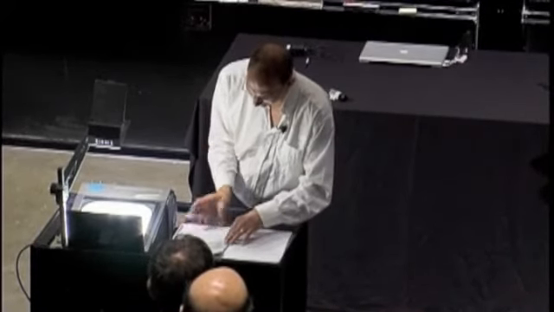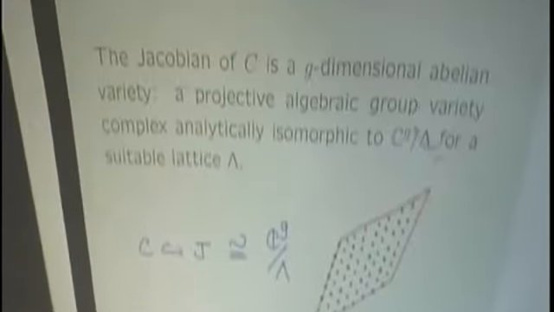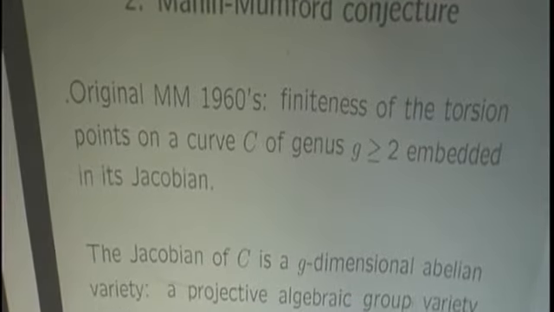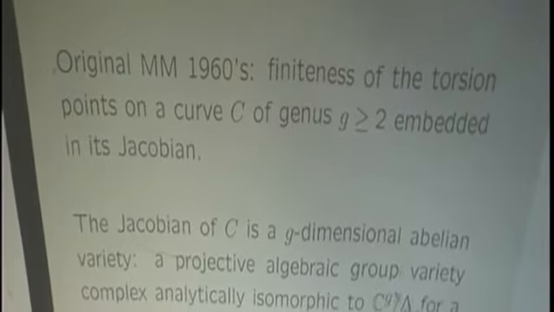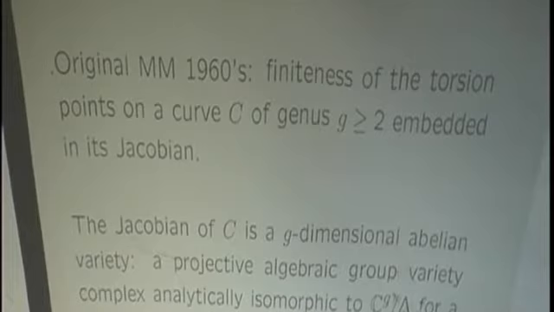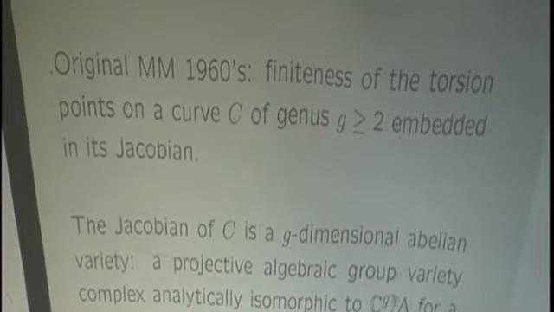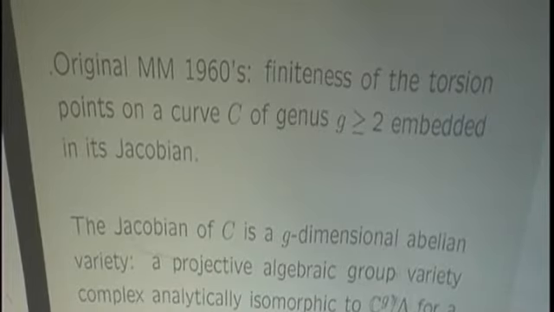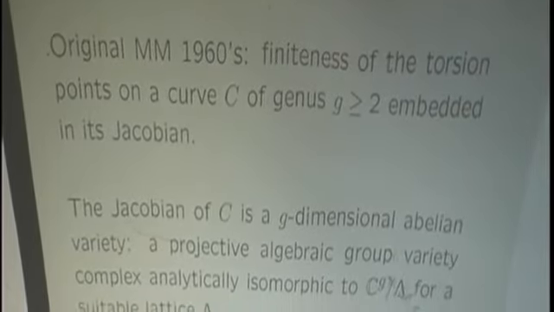So let me sketch the same strategy for Mann-Mumford, the original. The original Mann-Mumford was about finiteness: it said that if you had a curve of genus at least 2 and you embed it in its Jacobian, then it only goes through finitely many torsion points.